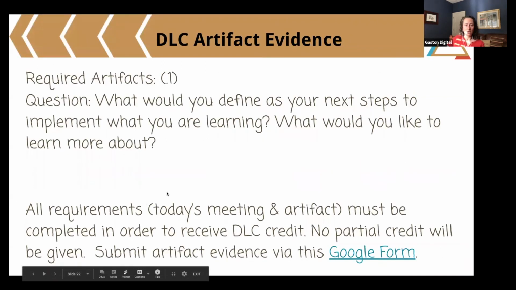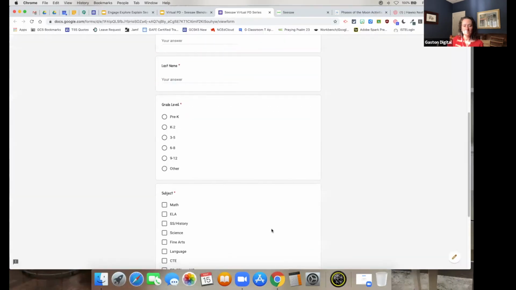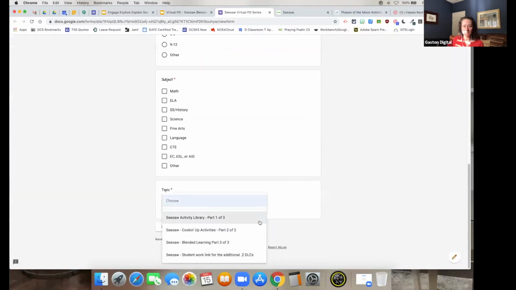All right, so with that said, let's talk about our final artifact piece. So again, on slide 22 is the link to the Google form. When you click on it and you go down to topic, you see that you have part 3, but you also have the student work link as another. So you'll actually do 2 submissions for that.